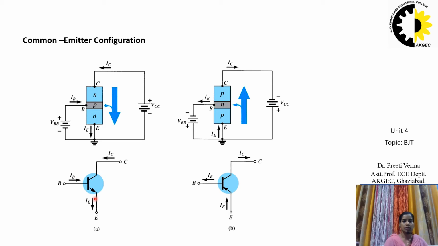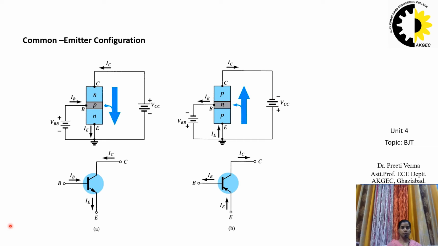This is the bipolar junction transistor. Emitter is common. We have one terminal collector and base. The base current is inwards, the collector current is inwards, and the emitter current is outwards. This direction of current is based upon the flow of the charge carriers. As the emitter is n type, the electrons will move towards the base, and so the current direction will be outwards.